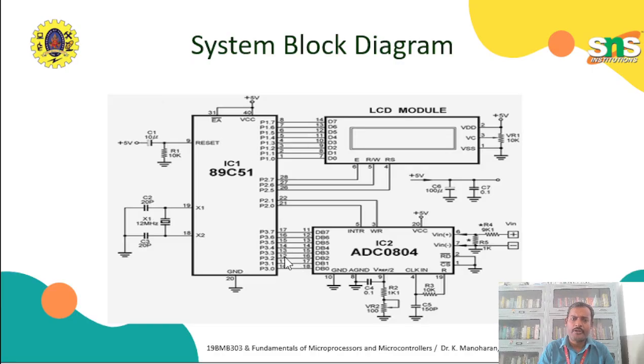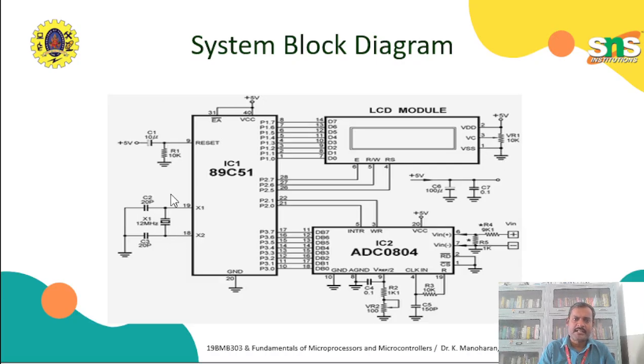Here I am going to connect with this port 3. Also these are the control lines. This is for start of conversion and end of conversion, which will be connected here. And this is the LCD interface. These are the data lines and these are the control lines: enable signal, read write signal and register select. These control signals, these data signals, and this is the VCC supply and contrast control.